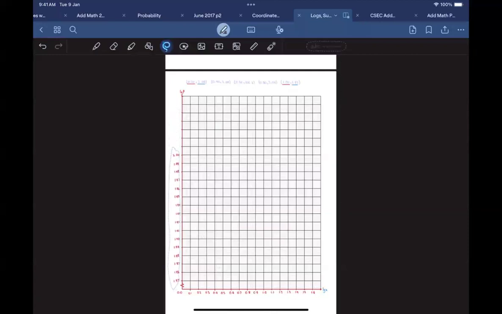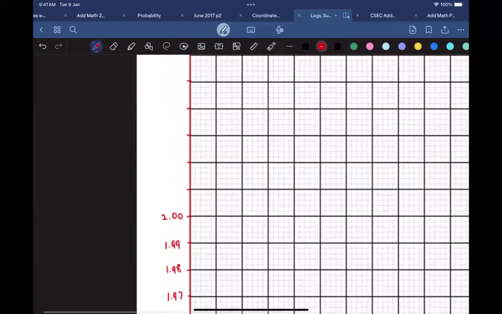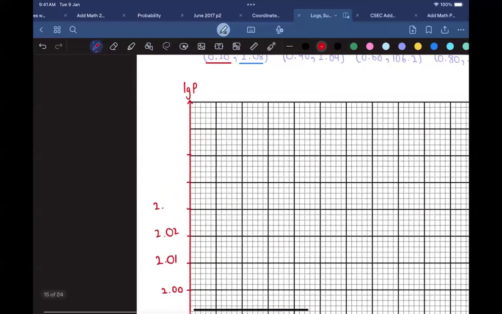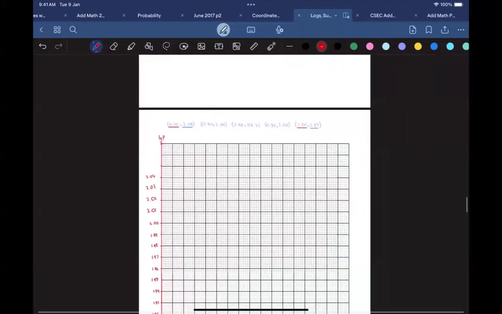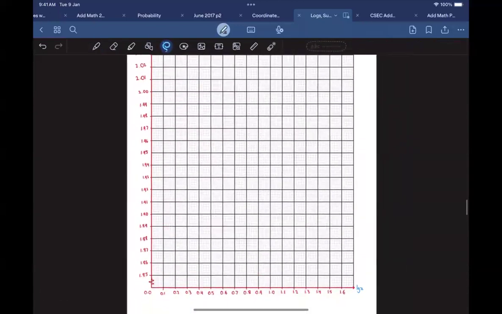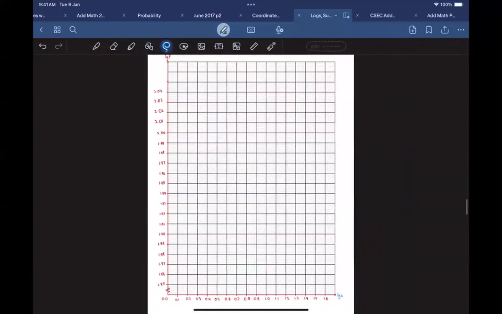Right. Yeah, so this will be 2.01. Come up, 2.02, 2.04. Oh no, we've got to start even earlier. Let's say we start at 1.87. Let me try that.